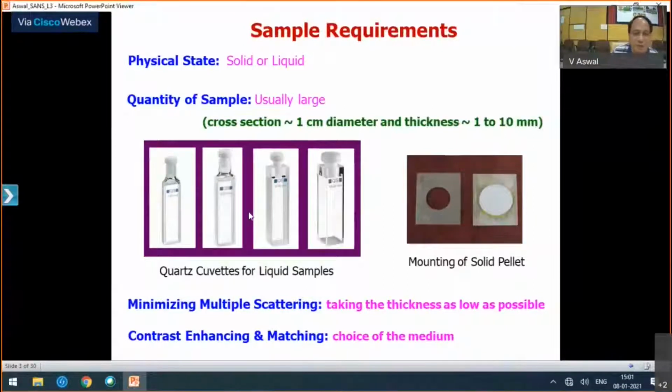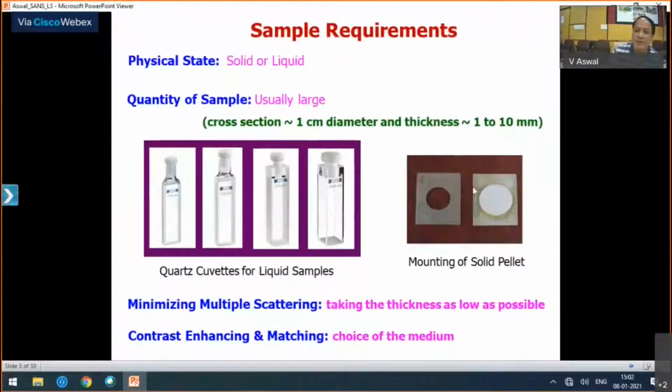One costs around 10 to 15,000 Indian rupees. If you go to a smaller thickness, then pouring samples and afterwards cleaning becomes very, very difficult. So most of the time, the lowest thickness used is around 1 millimeter, and this has a width around 1 centimeter, and the length is around 4 to 5 centimeter.